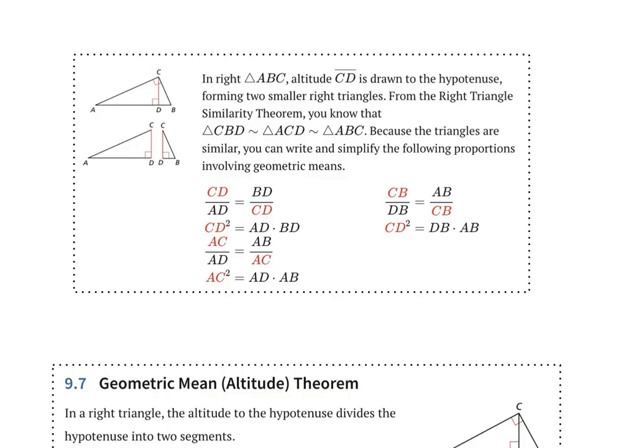Really, the only time you're going to have to redraw them from here on out is if I wanted to identify all three triangles that were similar. And that's what we used it for yesterday. Triangle ABC is similar to DEF, which is similar to LMN, or whatever the three triangles are. Here, we're just really solving today. And so we're going to use the geometric mean to solve these answers.